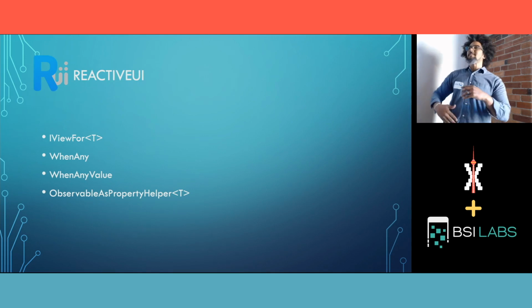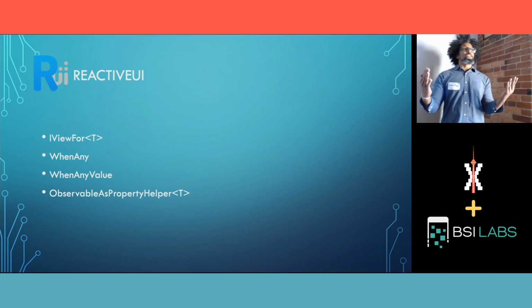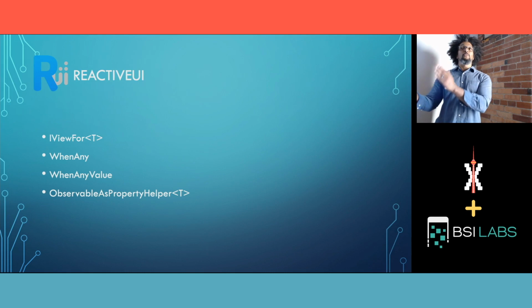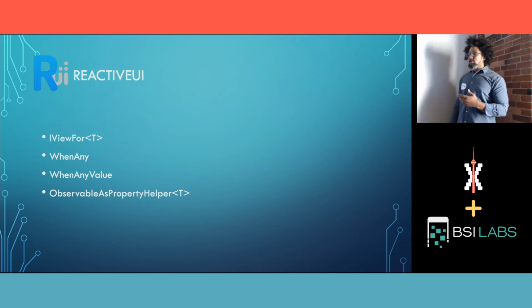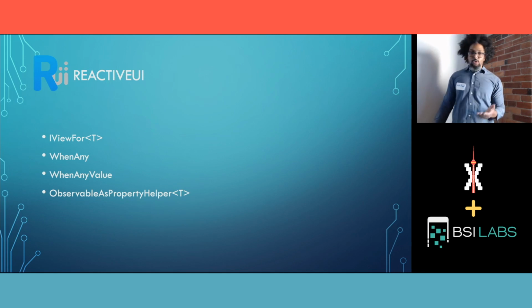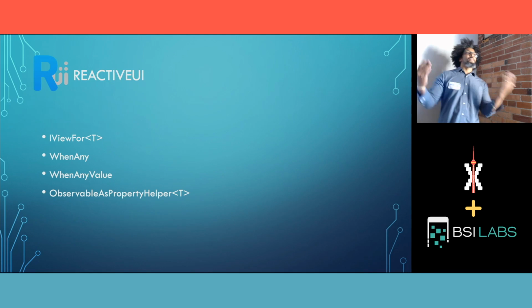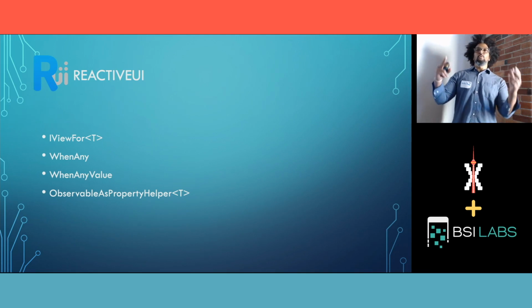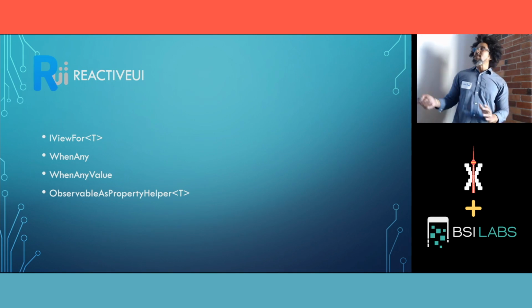That's why we have interfaces and so on. So IViewFor will allow you to do the matching, to tell the page which view model it is going to be using. And also we have here ObservableAsPropertyHelper. This is for those properties where, for example, you have a first name and a last name, and you want a read-only property. You just want to bind them. You can create an observable out of those two properties with this.